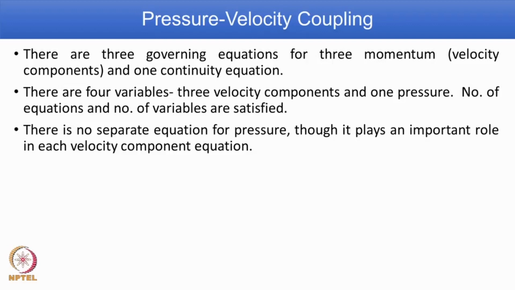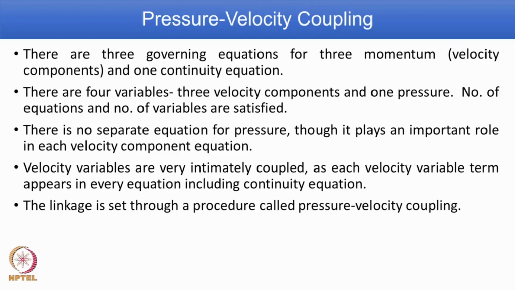Though pressure appears in each term, there is no separate equation for pressure, and pressure derivative plays an important role in each momentum equation. However, velocity terms appear in each equation and they are strongly coupled.